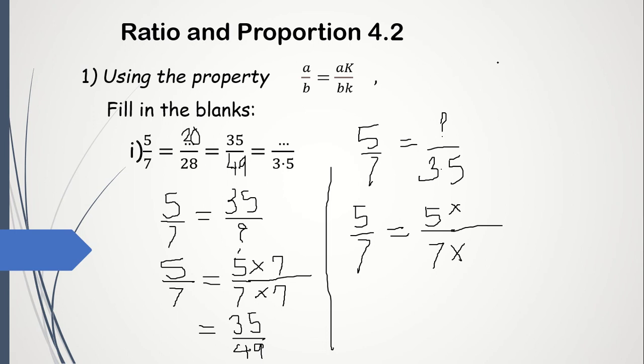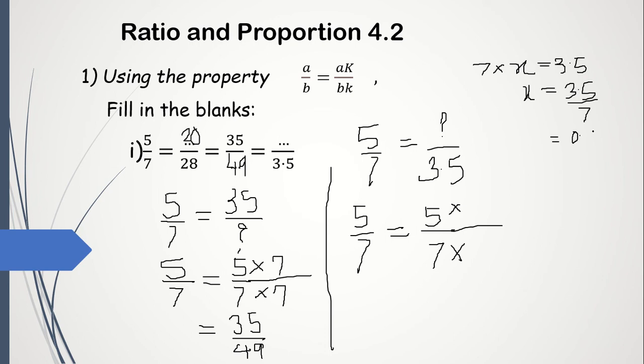If we don't understand that directly, you can just write 7 multiplied by x gives me 3.5, or 7 multiplied by k gives me 3.5. So this x is going to be 3.5 upon 7. 7 ones are 7, 7 5s are 35. So that's 0.5 because 3 is there, no?